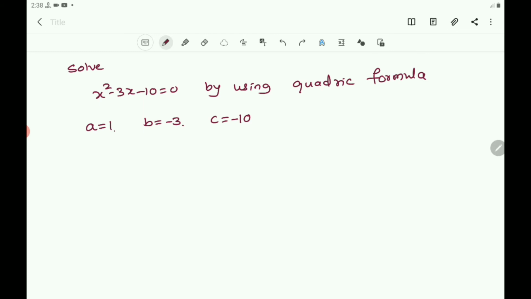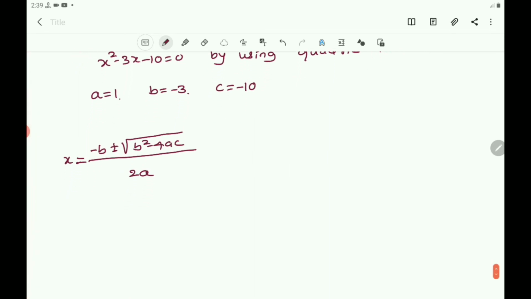Now you write the formula. The quadratic formula is x = (−b ± √(b² − 4ac)) / 2a. Then x equals, substitute the values: minus b, where b is −3, so −b becomes −(−3).